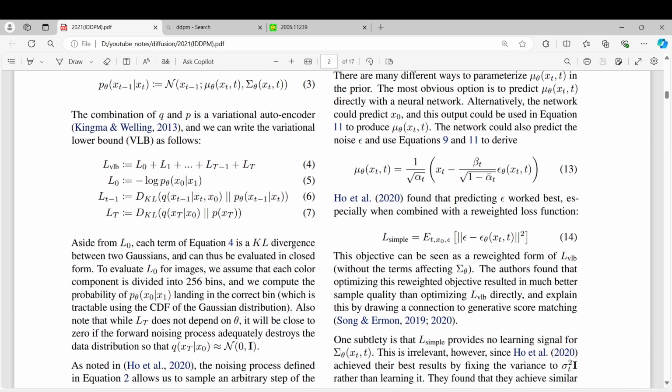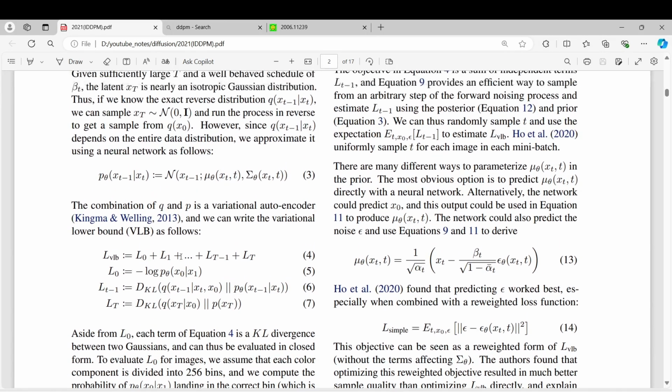In the previous video, we were just considering this term, the reverse of the forward diffusion process. This is our approximate reverse diffusion process, and this is the actual one. We want to match the moments of both.